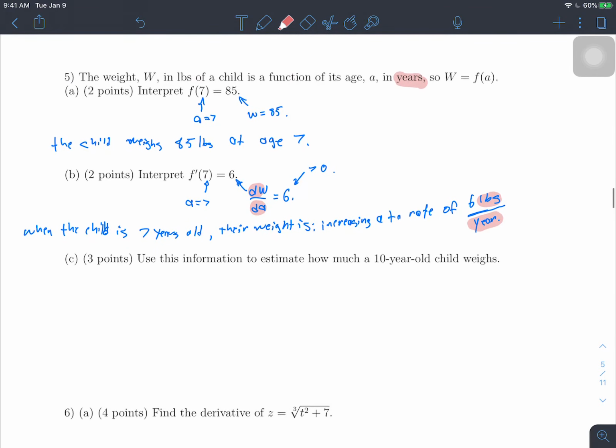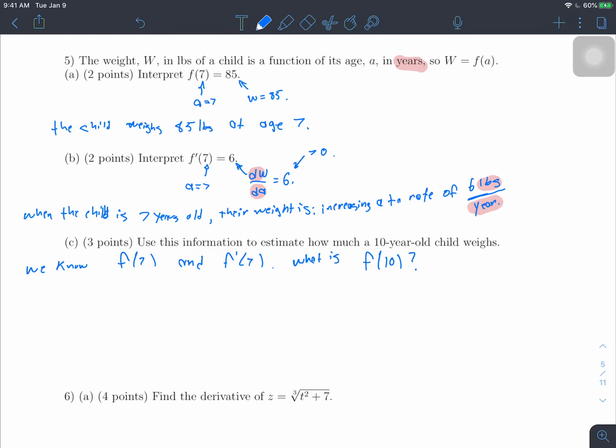And this problem is screaming out for tangent line approximation, because we don't know anything else about the function f other than the value of it at a point and the value of its derivative at a point. And those two things uniquely determine the tangent line of the function. So what we really know is just that at 7 we have a certain height and we have a certain direction.